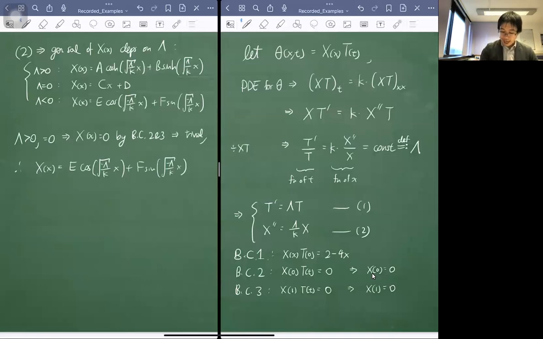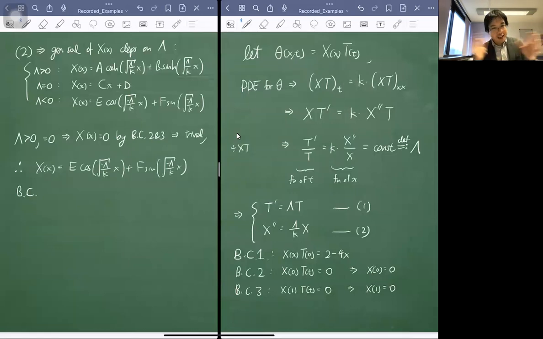Now we can apply the boundary conditions just like a normal ODE from here on. Just basically solve for X or for T, and then you get theta. But at the very end, just remember to relate that back to u as your final answer.